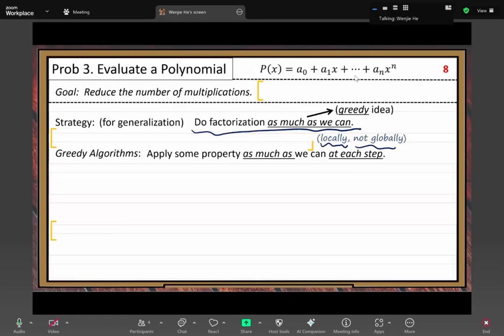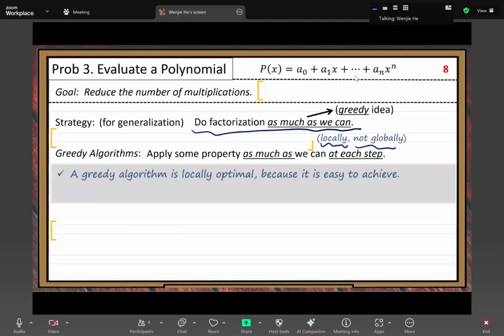So your greedy strategy is applied on a portion of the solution. We call it a local approach. Global means you apply your strategy covering the whole solution, not a portion of it. So here, it's a local approach, not a global approach.